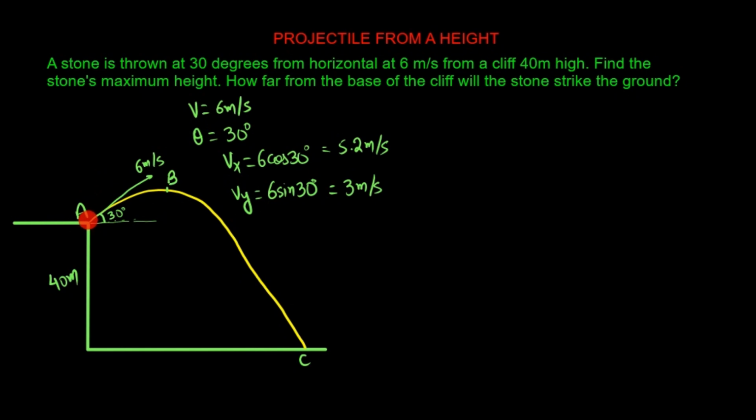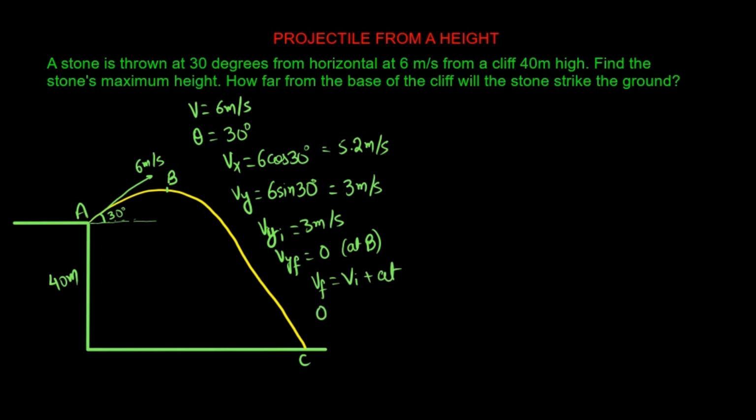So initial y component of velocity at A is 3, and final velocity at B, the y component of velocity at B would be 0 because B is the highest point. We know this equation, V final equals V initial plus AT, where A is the acceleration, in this case minus 9.8 meters per second square.